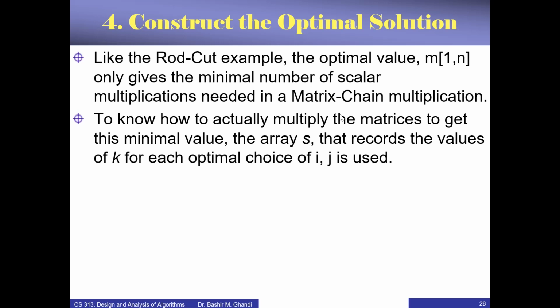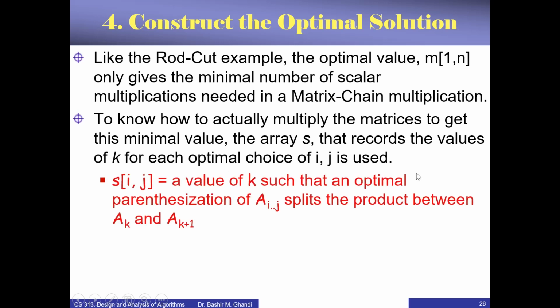To know how to actually multiply the matrices to get the minimal value, the array S that records the values of k for each optimal choice of i and j must be used.